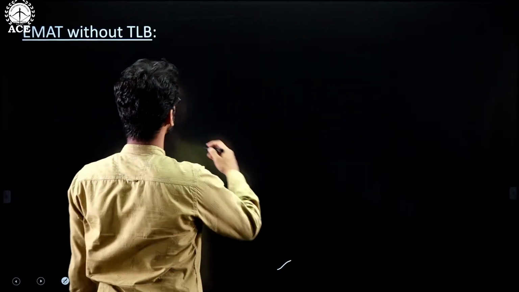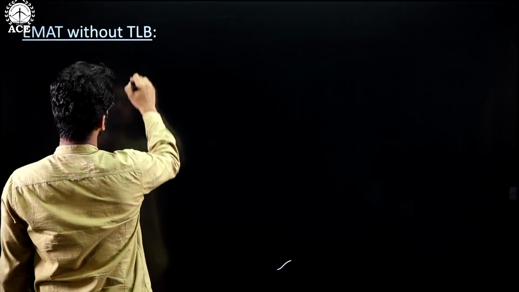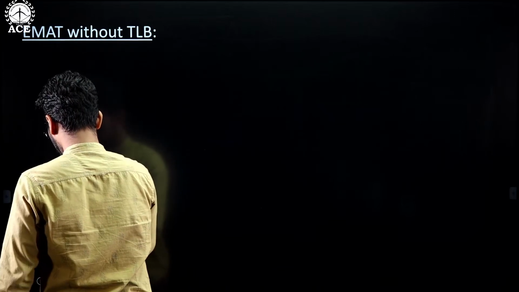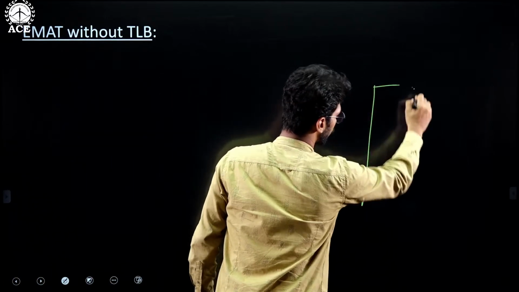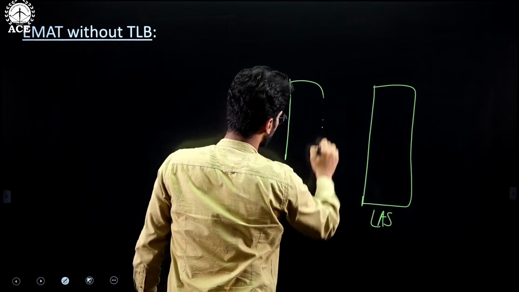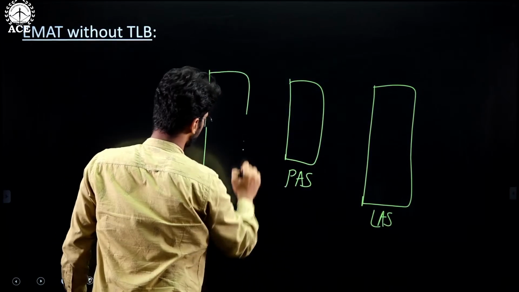See, very easy. Without TLB, let me just draw a rough diagram. This is logical address space, this is physical address space, and this is page table.